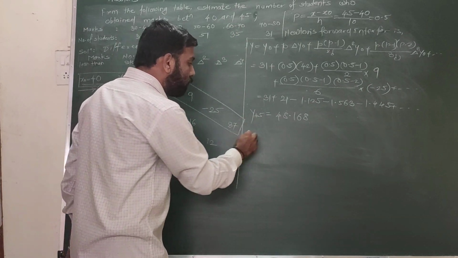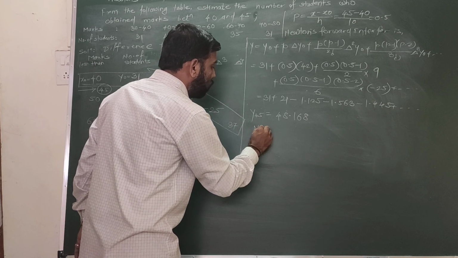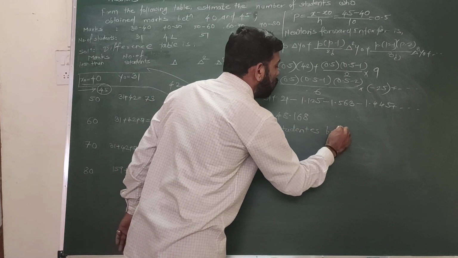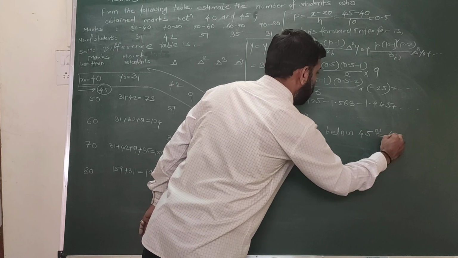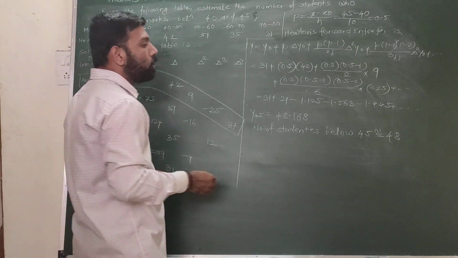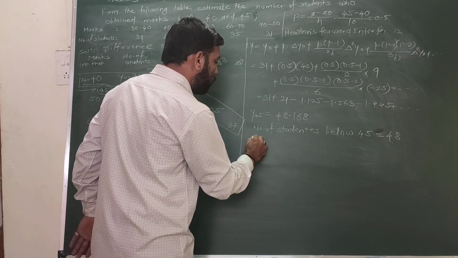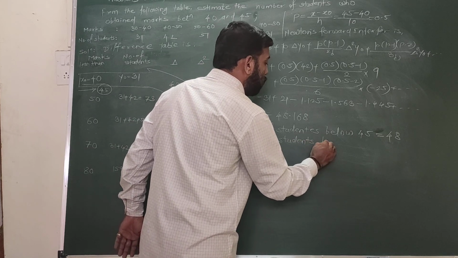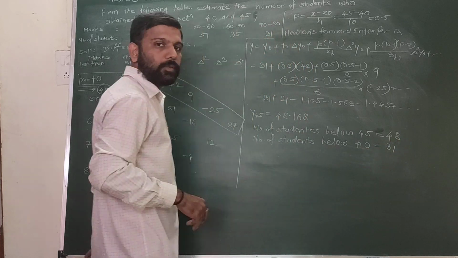So what we have found is the number of students below 45, and they are approximately 48. So we will consider 48. So the number of students less than 45 is 48. Similarly, the number of students below 40, we have 31.